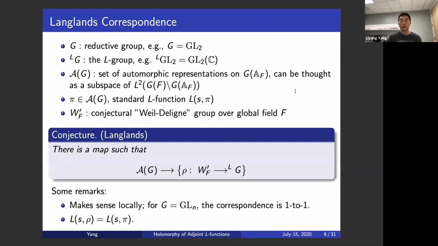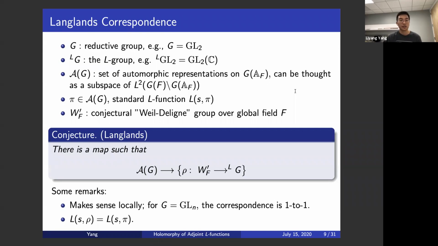the Langlands philosophy. We'll start with the Langlands correspondence. Here's a very rough introduction. We'll take G to be a reductive group, for example, you can take G to be GL2, and LG will denote the dual group.